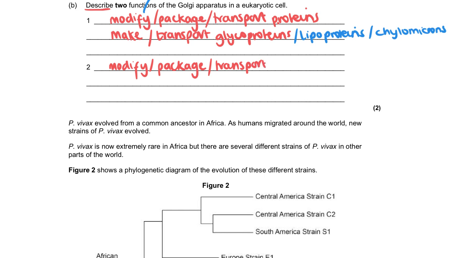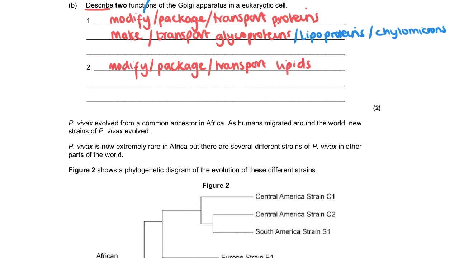So the crux of this is that you need to understand the role of the Golgi apparatus in protein synthesis. In that final step, once we've done transcription and translation, we're then going to send those proteins from the ribosome to the Golgi to start becoming modified, packaged, or transported, put into vesicles.